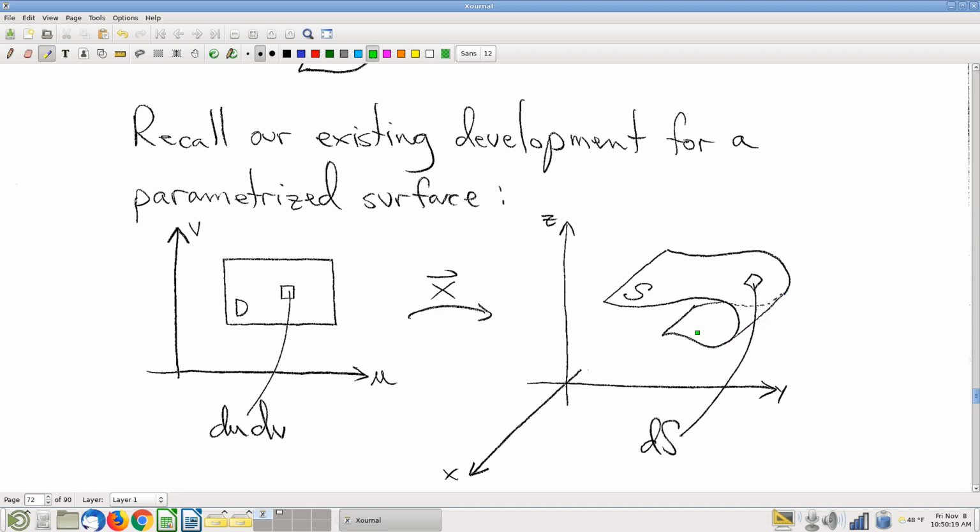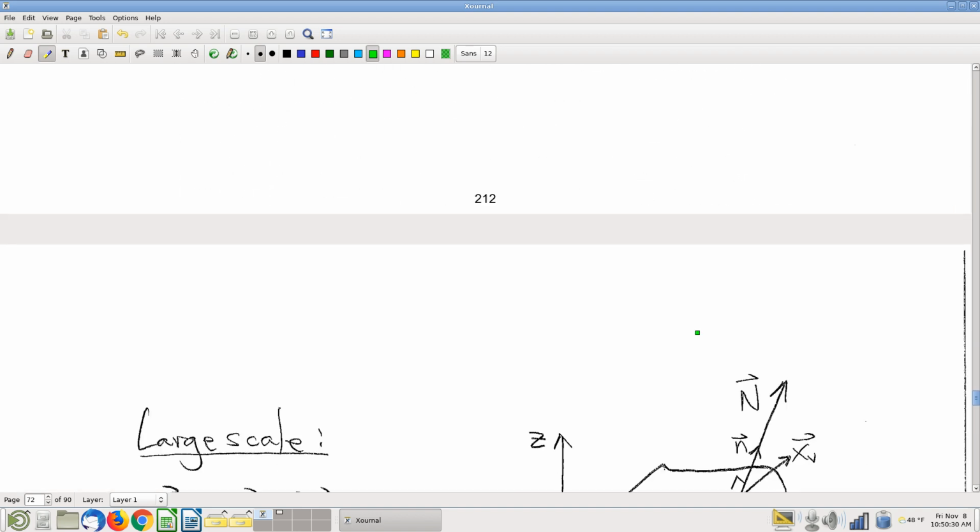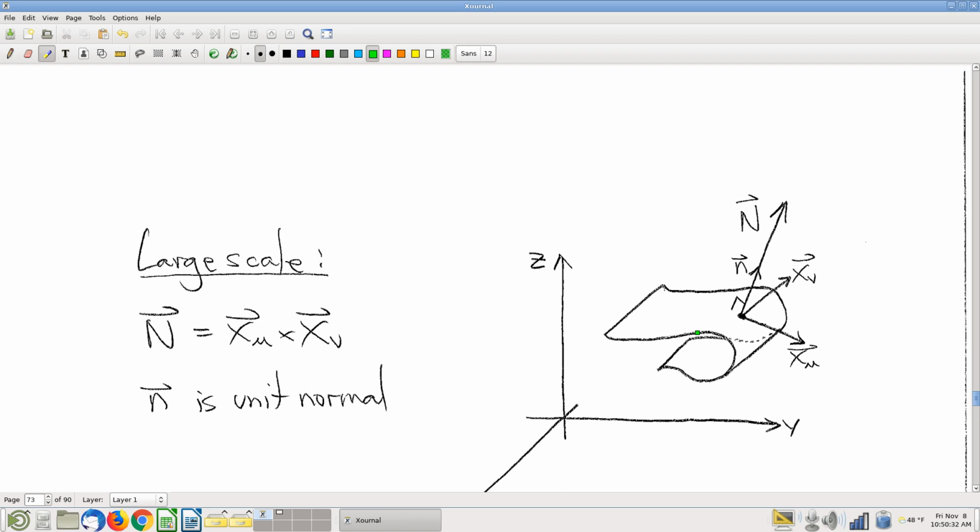And not only have we talked about this strategy and used it in a different context, we've actually developed most of the actual tools that we need to adapt to this situation. So let me just remind you what we have. We made this argument. There was this capital N vector that we came up with, in the different context of trying to compute a scalar surface integral.